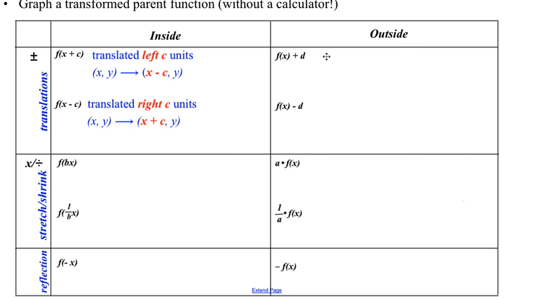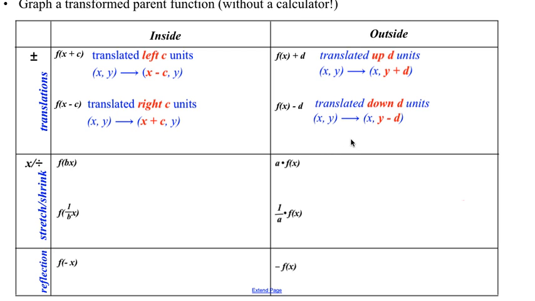And if it's on the outside of the function, so if you have the function and then a number is added outside of that function, that would be a vertical translation. So that one would go up d units. And if it's subtracted from the function, it goes down d units. So that only affects the y coordinate when you're going up and down. If you're translating left and right, it only affects the x coordinate.